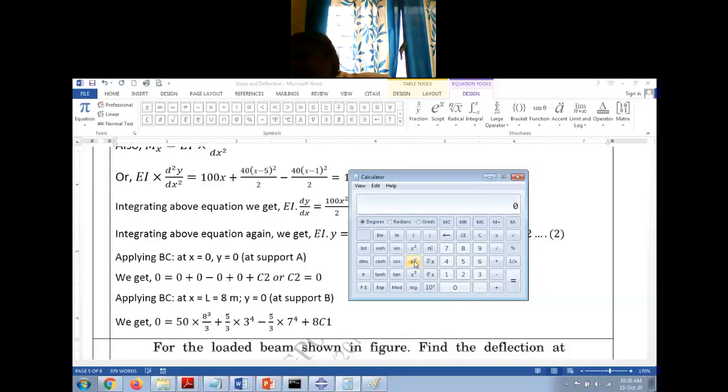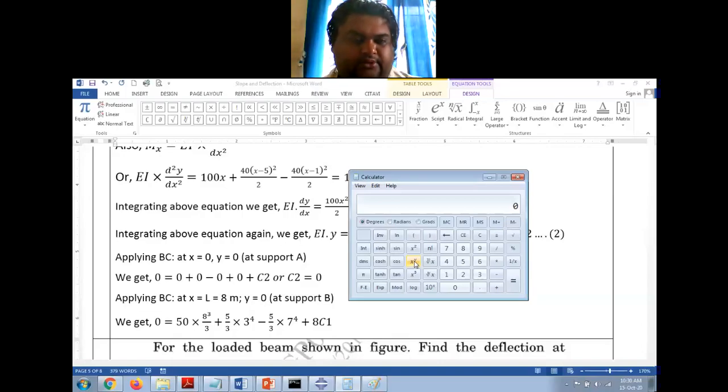I don't have my calculator. This is easier. 50 into 8 cube divided by 3 plus 5 into 3 raised to 4 divided by 3 minus 5 by 3 into 7 raised to 4.